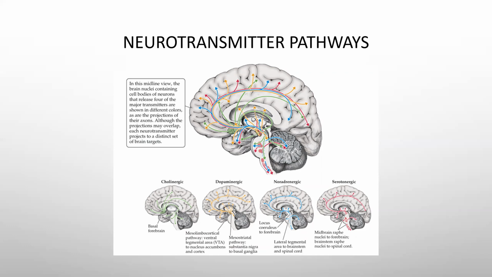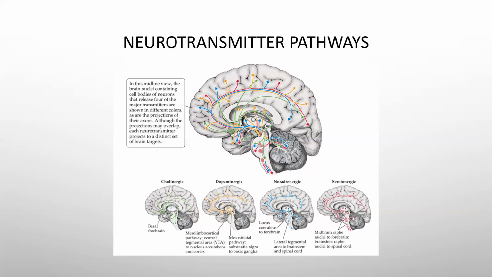Okay, and then next we have the dopaminergic. So here we're dealing with dopamine, very important in the mesolimbic cortical pathway, the ventral tegmental area, and then also what we call the mesostriatal pathway. Okay? So implicated in movement, implicated in reward. Okay?